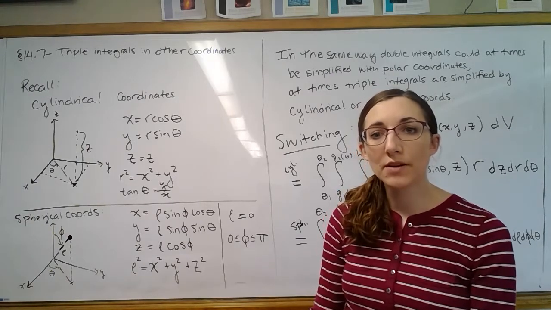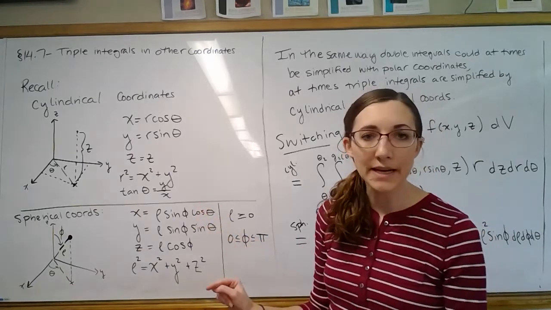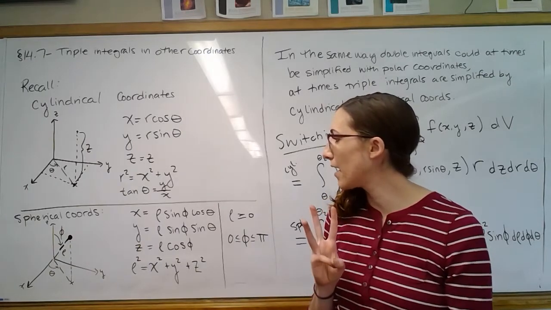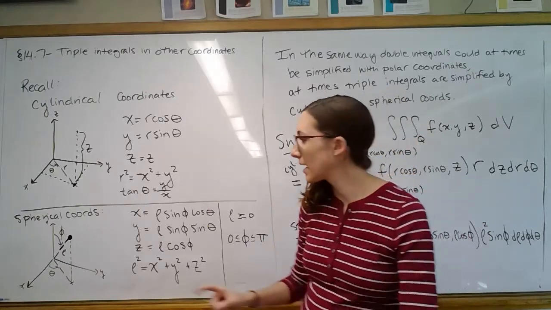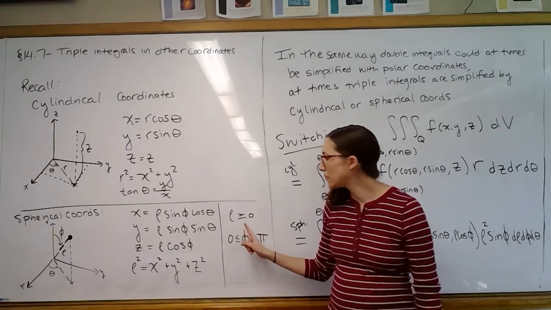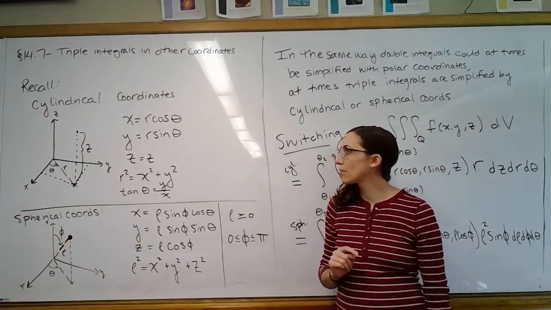Spherical, remember, is we've got rho, phi, theta as our 3 coordinates. Rho is the length of the segment from the origin to the point, and we do restrict that to be a positive length, which is not always the case for r with polar.